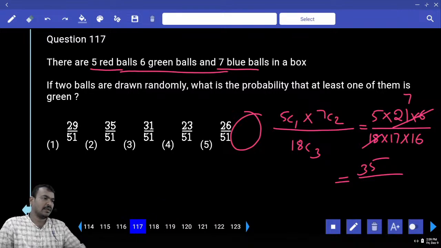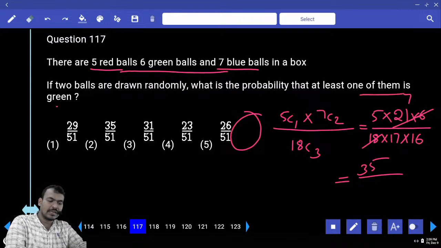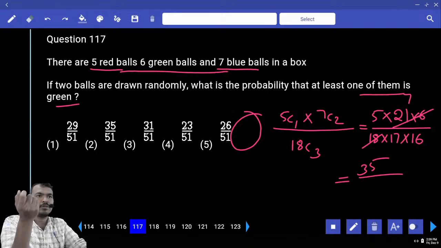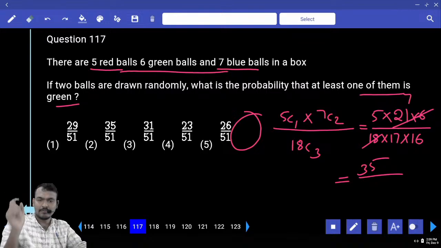Next question number 117. If 2 balls are drawn randomly, what is the probability that at least one of them is green? At least case, then we write total probability minus the other than green. We require the positive case. Positive case means we write total probability minus negative case. Negative case means other than green.